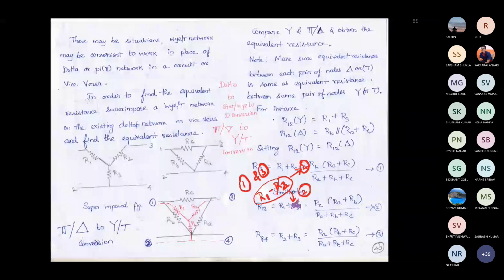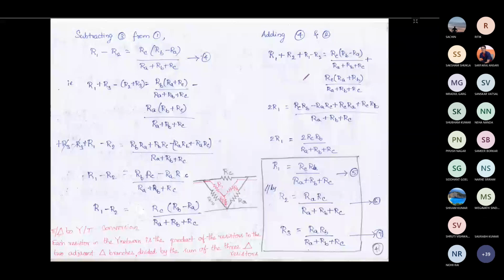Then I will get 2R1, so from this we can obtain R1 directly. So I subtracted 3 from 1, and from that I got R1 minus R2. Then I added equation number 2, and on the left hand side I get only 2R1. That's what I have done here.